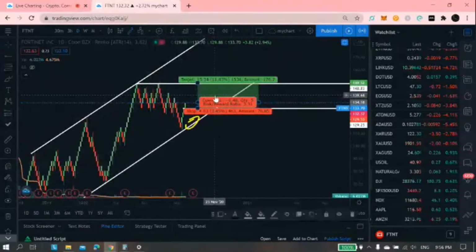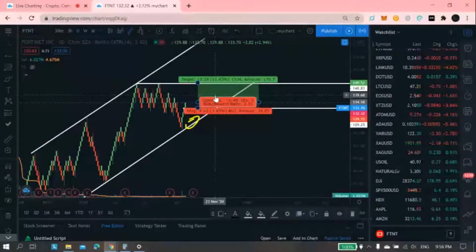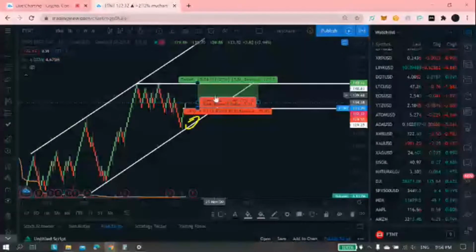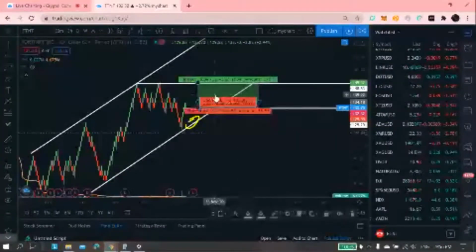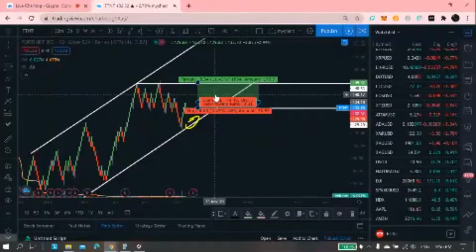So for me, it's still a profitable trade if I go long, 10.43% if my take profit of around 149 got hit. But of course, if my stop loss got hit, it's 45%.